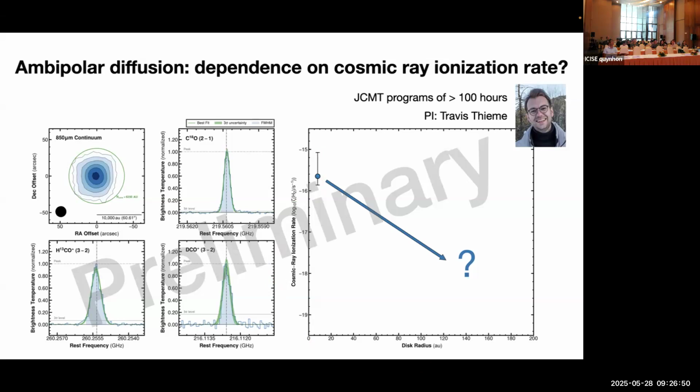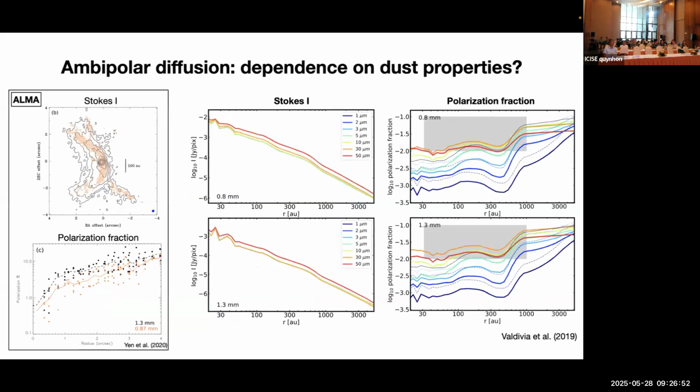And the other project I've been talking about with Sean is whether we can estimate the disk property from polarization, because now with ALMA, we can have very nice polarization maps, and we can have polarization fraction at different wavelengths. For example, here I show my previous paper, polarization fraction as a function of radius at 1.3 and 0.8 millimeter.